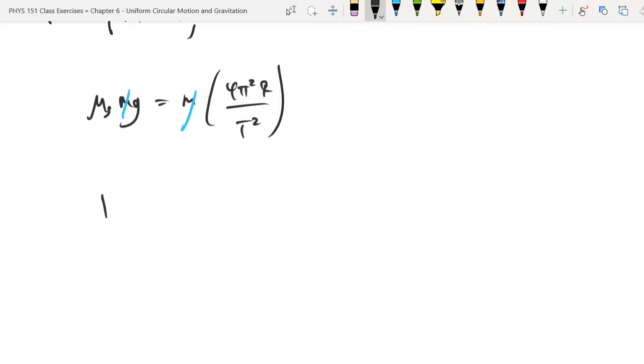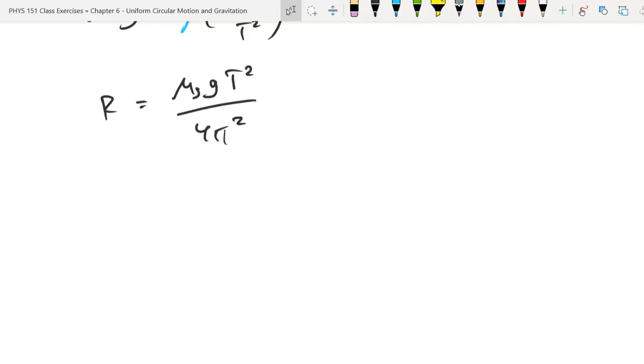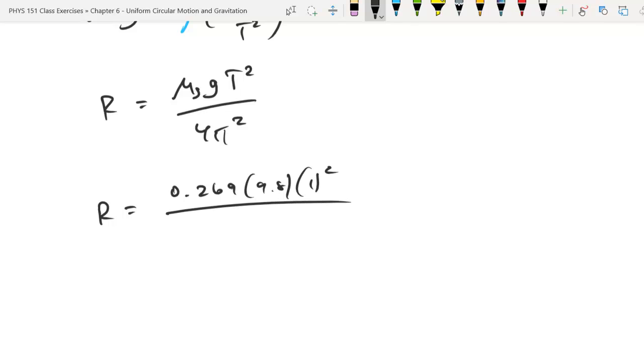The radius is going to be the coefficient of static friction times g times the period squared divided by 4 pi squared, right? And so then just plugging in, same coefficient of static friction that we got a second ago, r is 0.269 times g, 9.8, times this new period squared, which is 1 squared, divided by 4 pi squared.